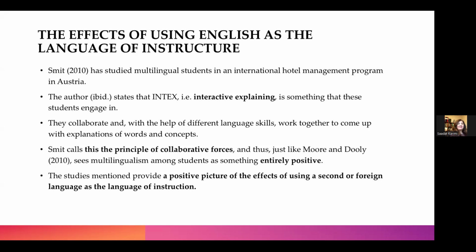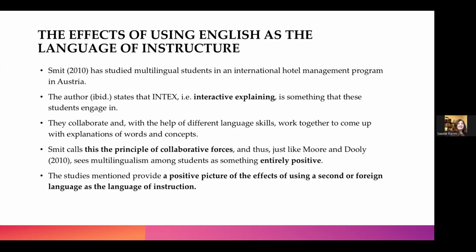Smith, in his study from 2010, has studied multilingual students in an international hotel management program in Austria. Smith states that intake, so-called interactive explaining, is something that the students engage in.